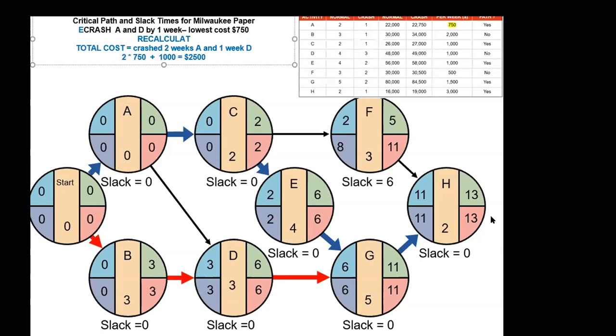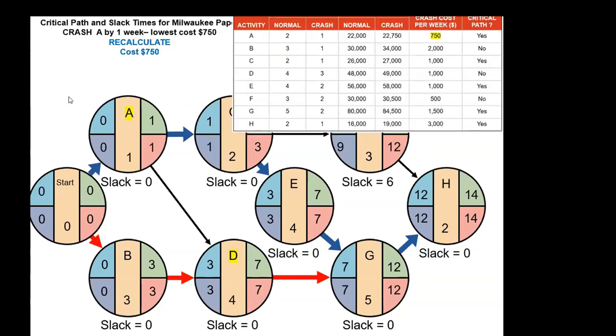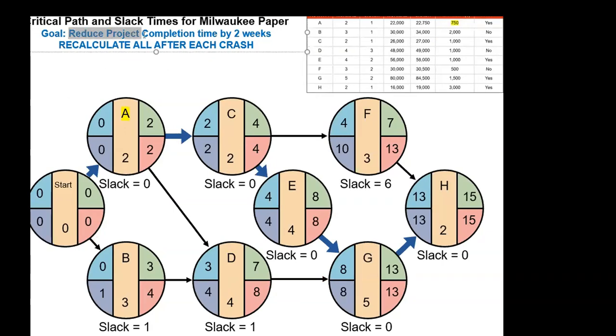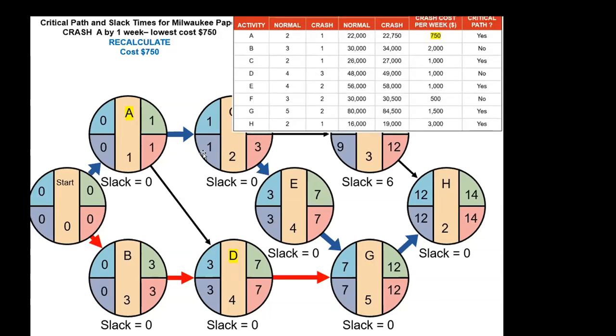So the goal, and the manager of this project asked us to crash this by 2 weeks. That was the request here: reduce project completion time by 2 weeks. So we did it in 2 steps.